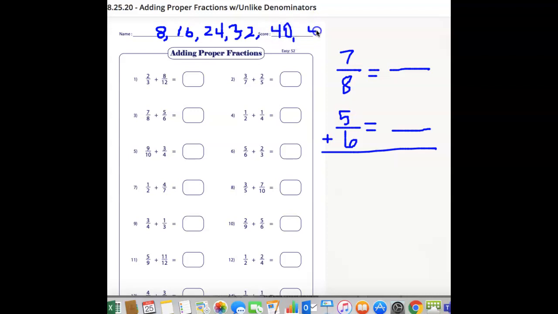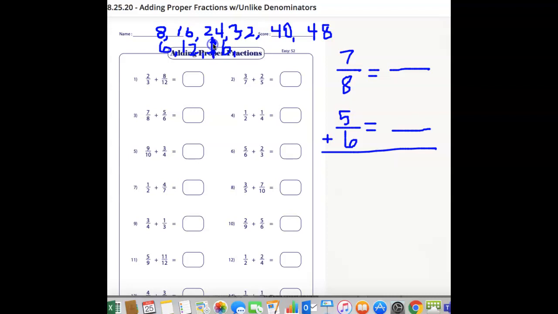Okay? All right. And we could keep going. Then we come down here to the 6's. 6 times 1, 6 times 2, 6 times 3 is 18.